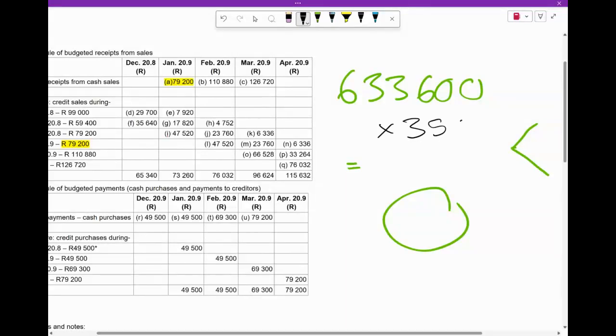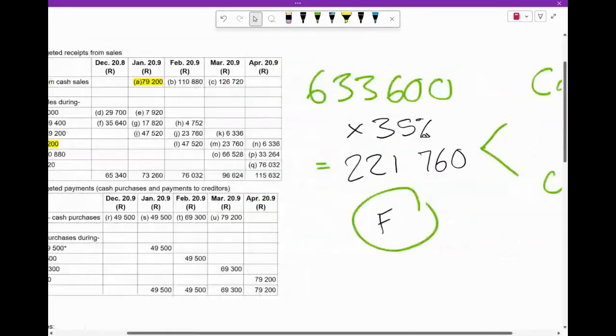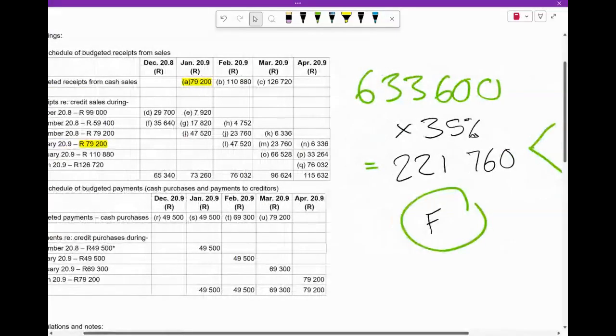So times 35%, what do we get? 221,760. Okay, and that is for February. Again, that's total sales, so we want to split that between cash and credit. So we then say divided by 2 because we know it's 50-50, and you get the same amount.